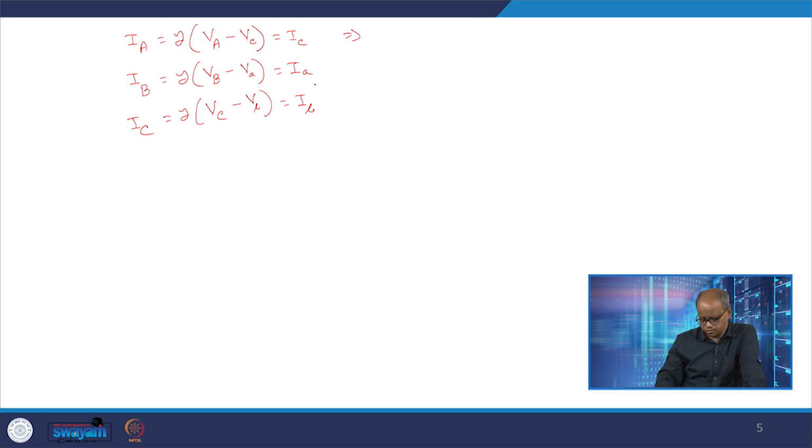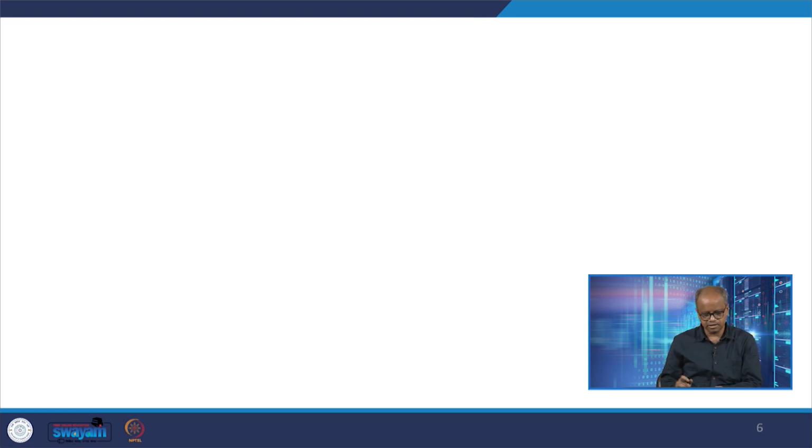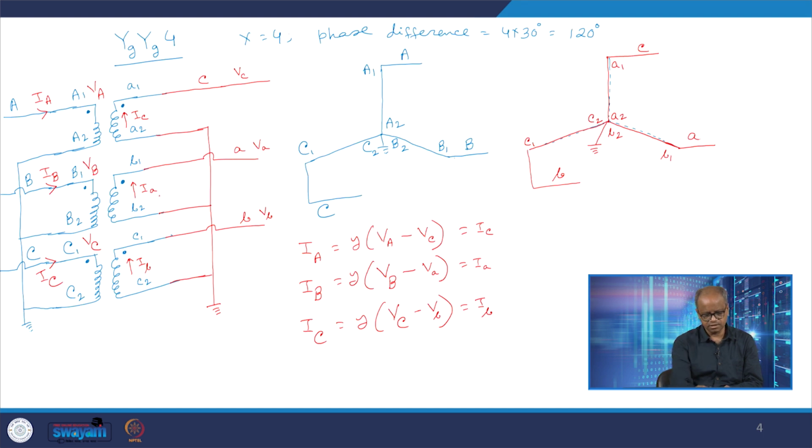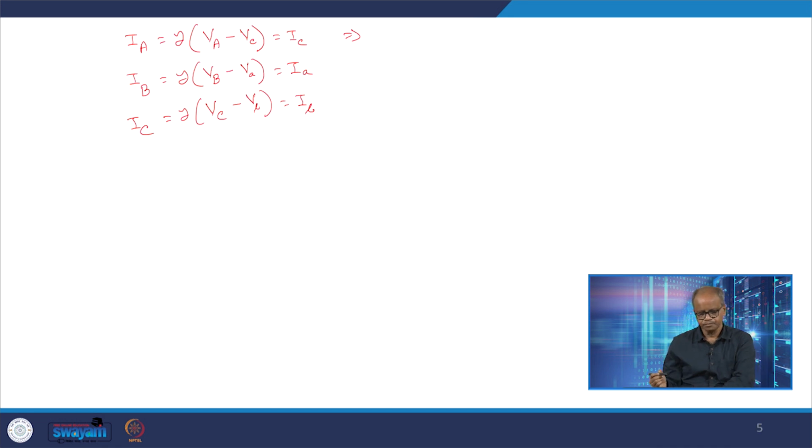Now, again we must notice that at the secondary side all the currents are going out. I have to take them going in. So, minus IC.